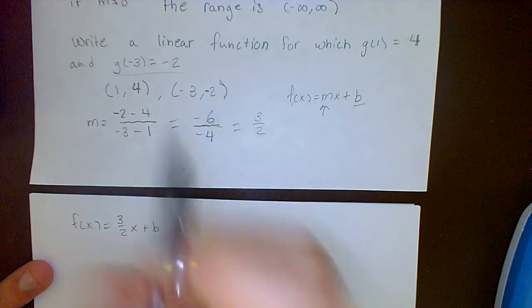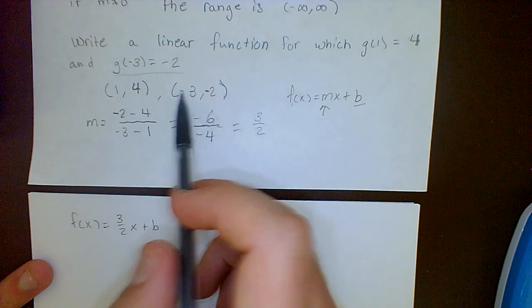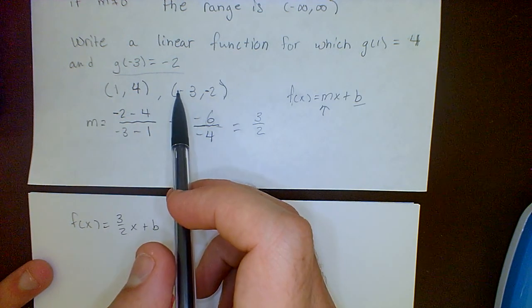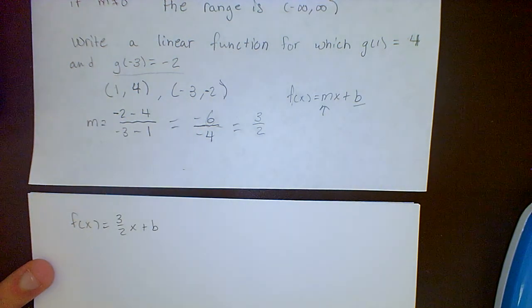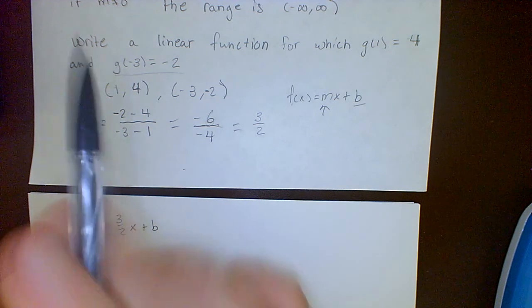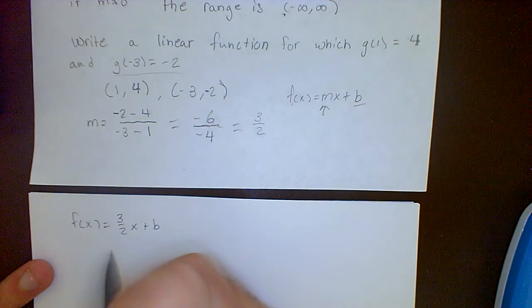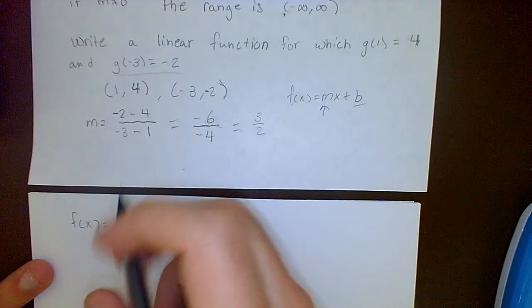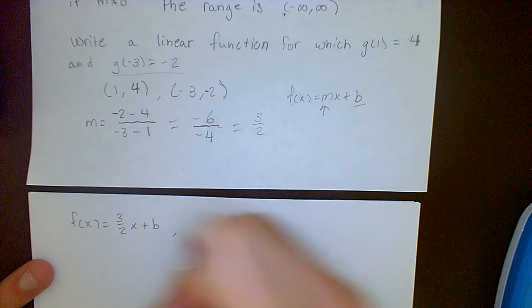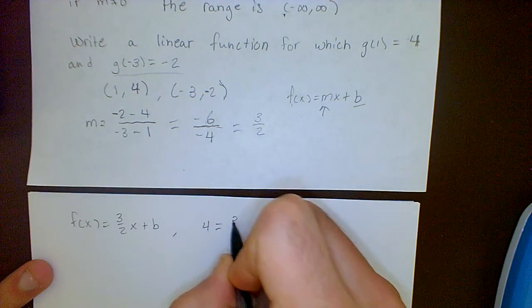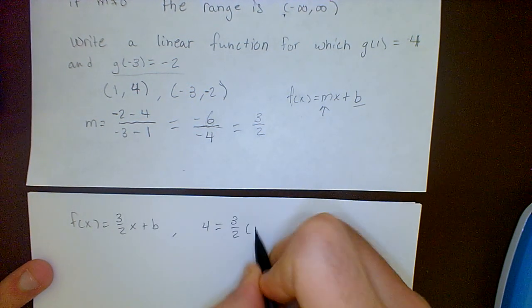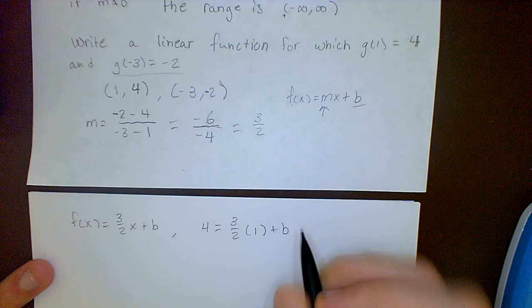You can take either one of these points because they do have to lie on the line. So let's just take the point 1 comma 4, and you plug it in for f of x and x. So 4 is equal to 3 halves times 1 plus b, and now we can solve for b.